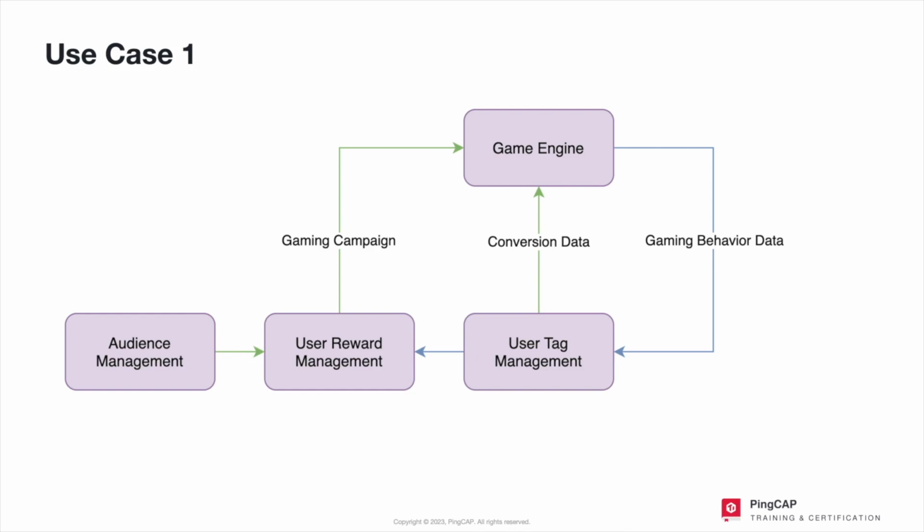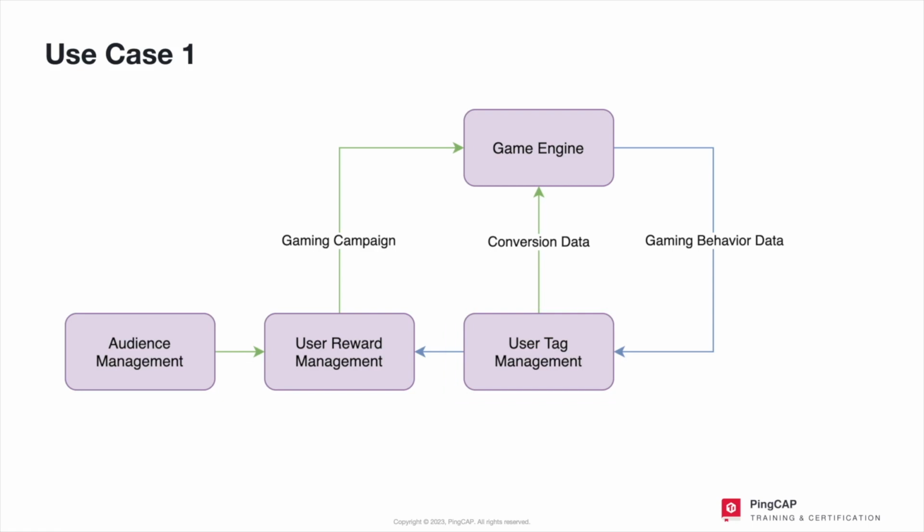So the diagram shows that the gaming company's high-level architecture consists of a game engine and 3 subsystems. Audience management, which manages our users' information. User reward management. This assists in keeping track of play so the system can extend rewards to users. And user tag management, which helps track users' behavior.